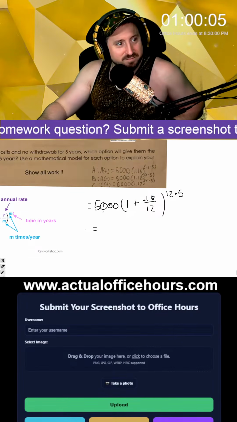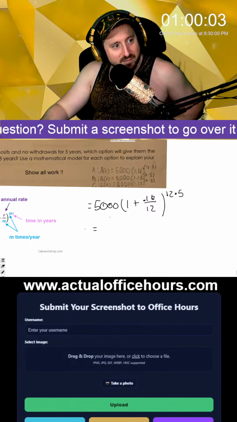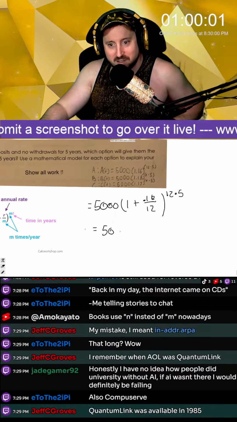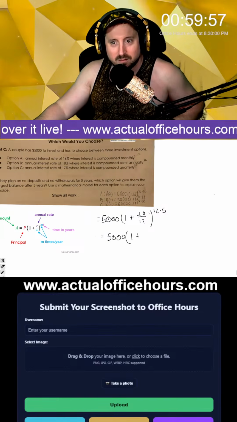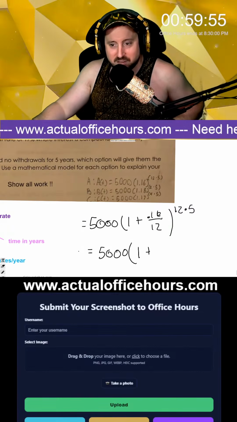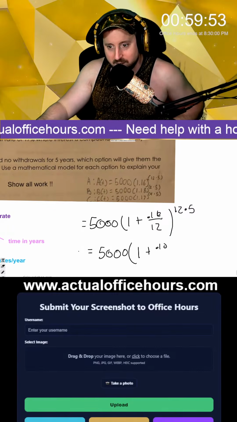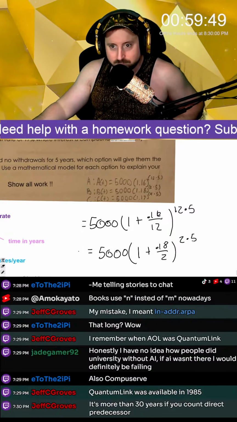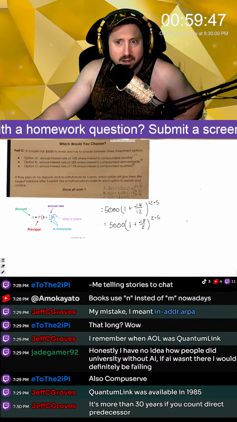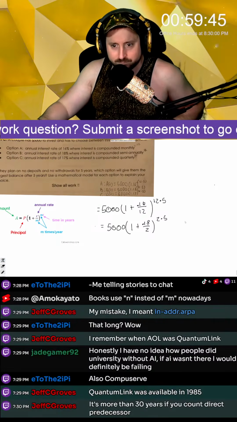Okay. Divide there and multiply there. If that's a good way for you to remember it, sure. Okay, so 18% semi-annually, right? So that's 0.18 over 2 to the 2 times 5. And then quarterly is 4.